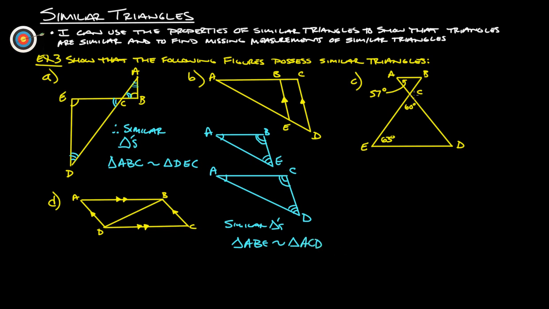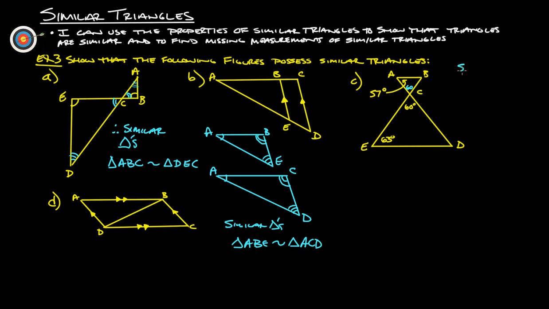All right, now let's try this one here. We've got ABC and EDC, these two triangles here. We know for sure that if this is 60, this up here has to be 60. It says that this is 57 right here. We know that all three angles have to add up to 180, right?